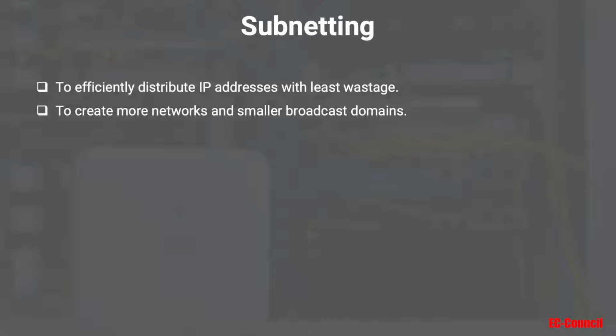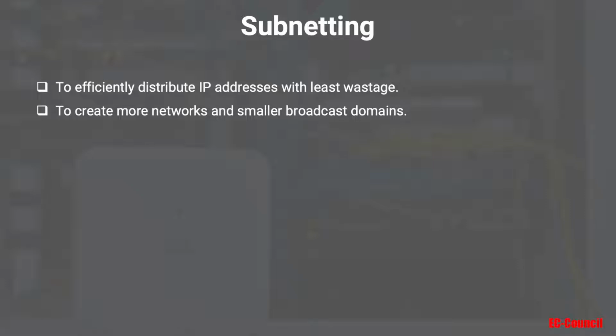What is the benefit of subnetting? To put it simply, subnetting has two primary benefits. The first benefit is to efficiently distribute IP addresses with least wastage. This benefit is very essential, especially for the IPv4 public and private address space.